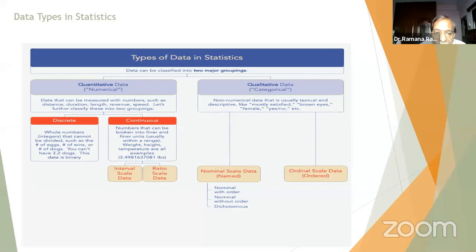Coming back to my slide, this quantitative data is very widely used during our experimental studies. We will collect the data, build the model, run the model, and then take the output and analyze.